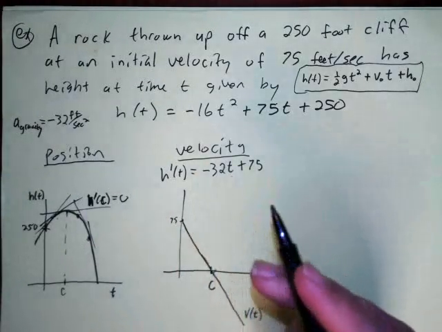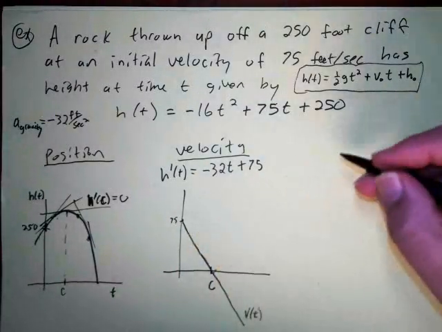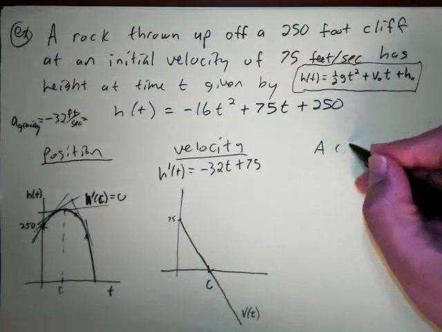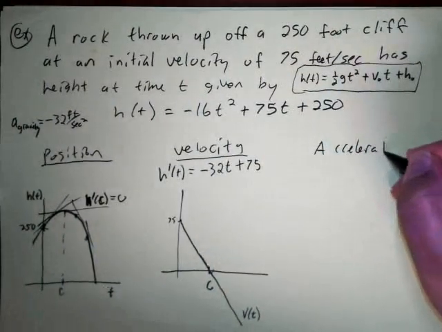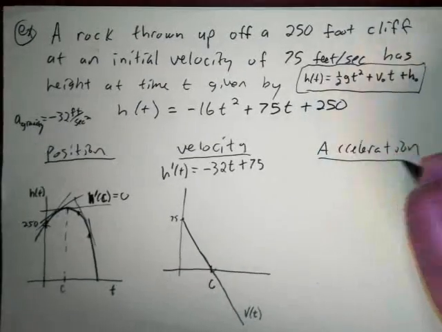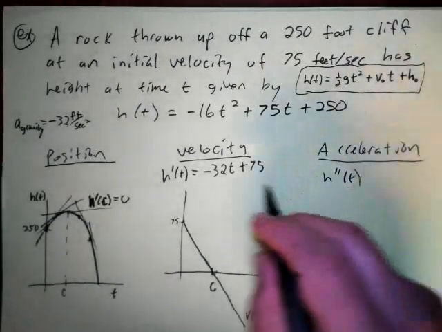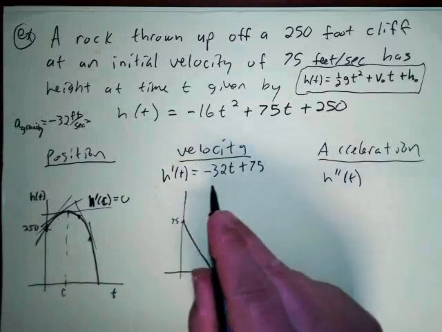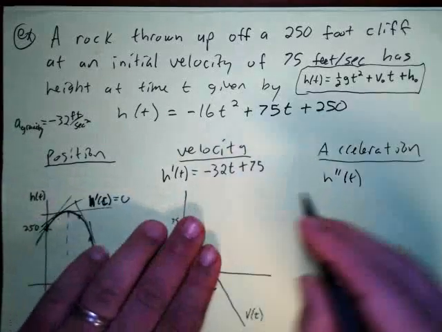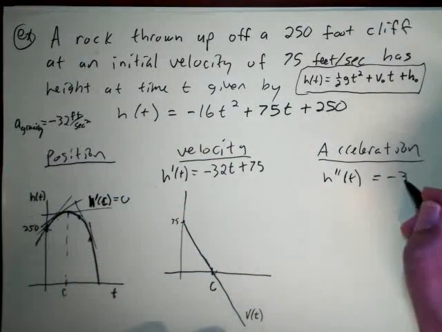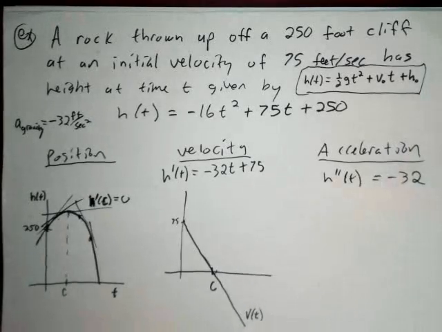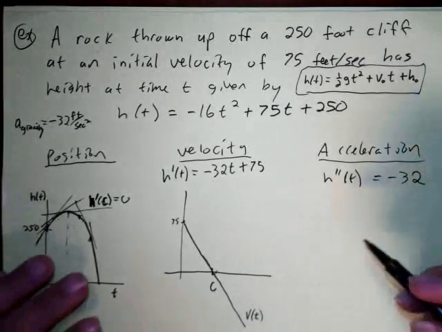So what is constant is the acceleration, right? The acceleration, and that's like the second derivative of the height, which is the derivative of the velocity, and that's a negative 32. Okay, and that is constant.